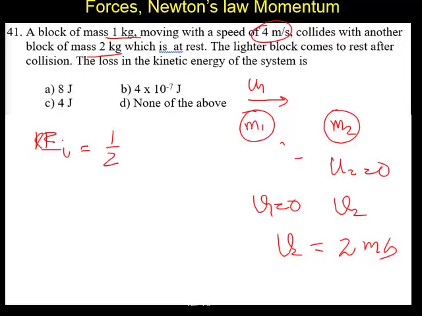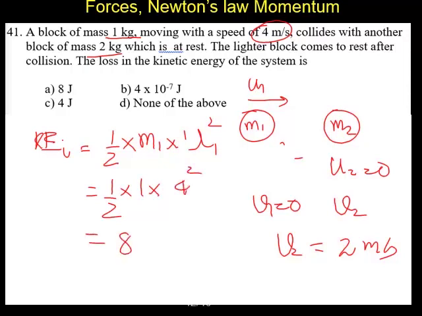Initially only the 1 kg block is moving, so it is m1 into u1 square. So half into m1, 1 kg body is moving, u1 is given as 4, square is 16, so it is 16 by 2, so 8 joules is the initial kinetic energy.